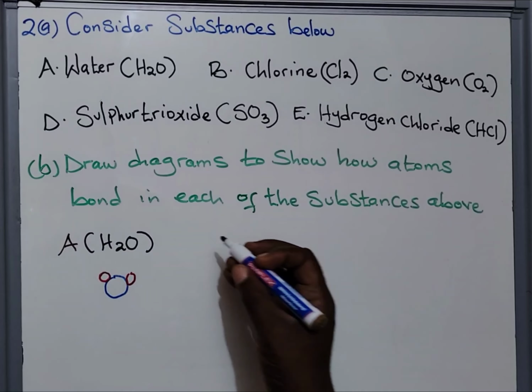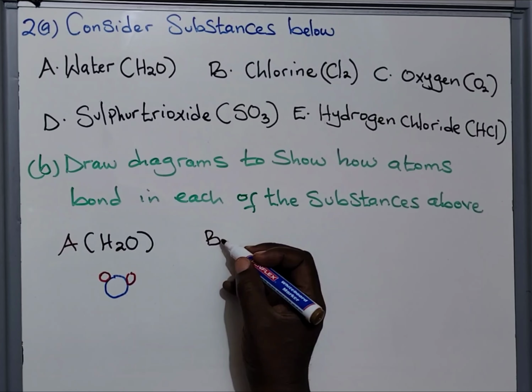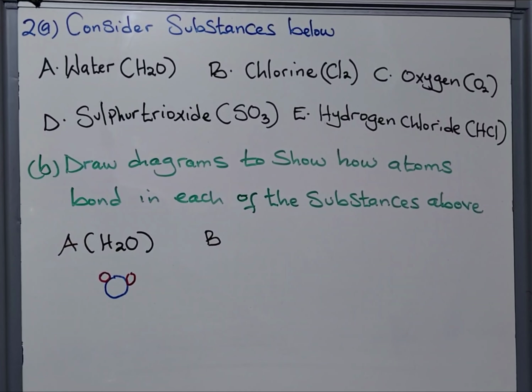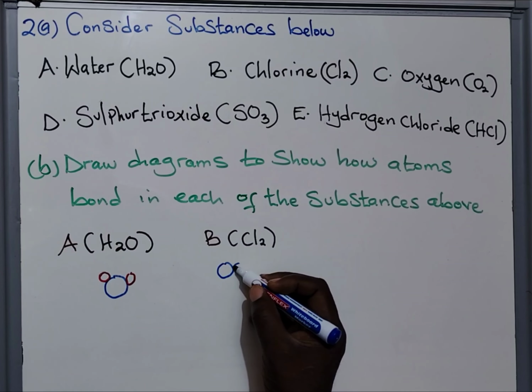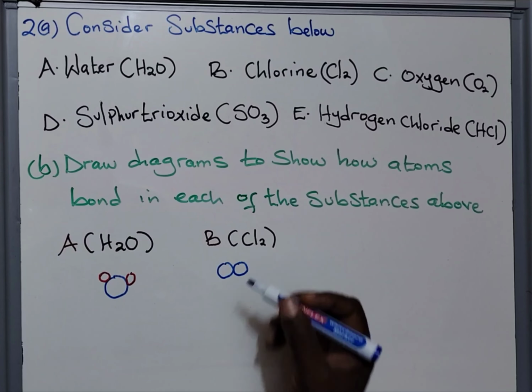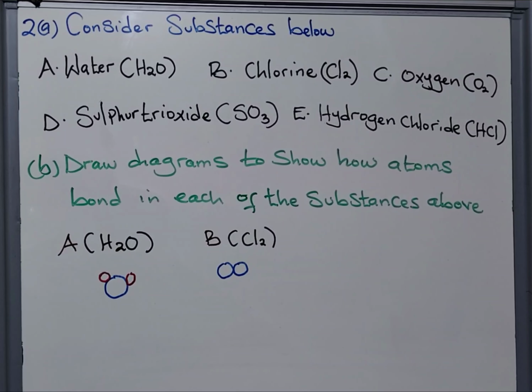So we can go to B. B is chlorine molecule. The formula is Cl2. Okay. So what does that mean? It means that you have two atoms which are bonded together. Just like that.